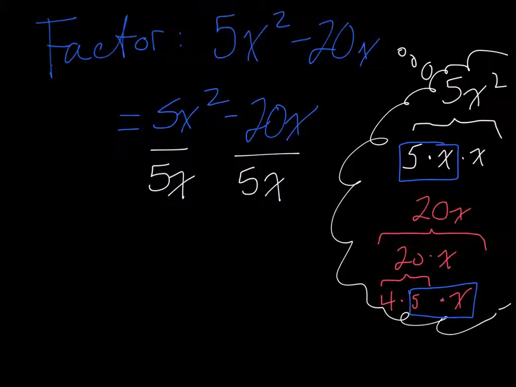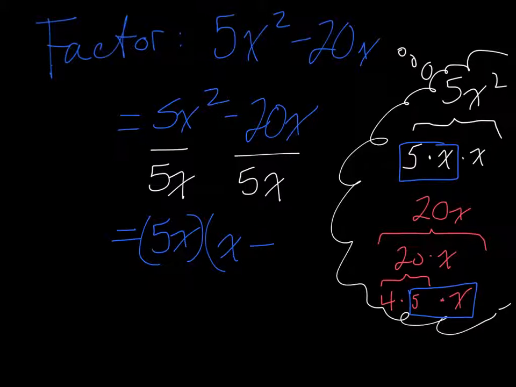Then I'm going to drop down my brackets, and once I do my math, I write what I'm factoring out on the outside of my brackets, and you can write it in brackets. And then you have to do the math. So what is 5x squared divided by 5x? 5 divided by 5 is 1. x squared divided by x is just x.